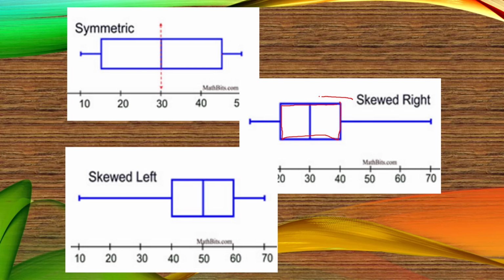So if your box itself is pushed to the left, we would call that skewed right. If your box itself is pushed to the right, we're going to call that skewed left. Now our skewed right and our skewed left would be non-symmetric, and so they would fall into the IQR and median as appropriate measures of center.